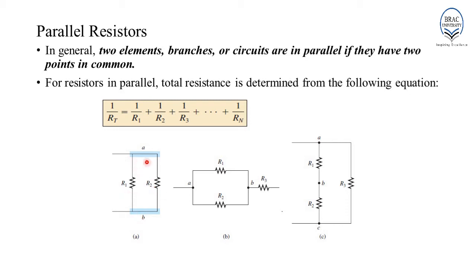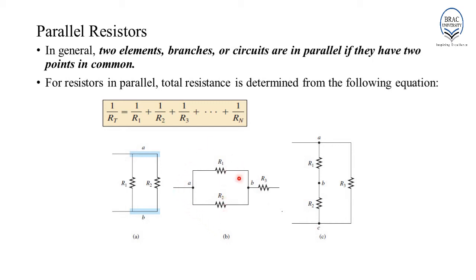R1 and R2 have two common points or two common nodes. Thus, R1 and R2 are in parallel configuration. In this circuit, you can see that R1 and R2 have two common points A and B. Therefore, R1 and R2 are in parallel.